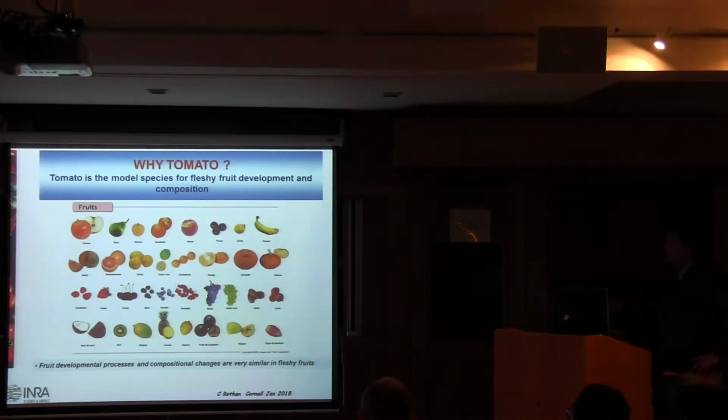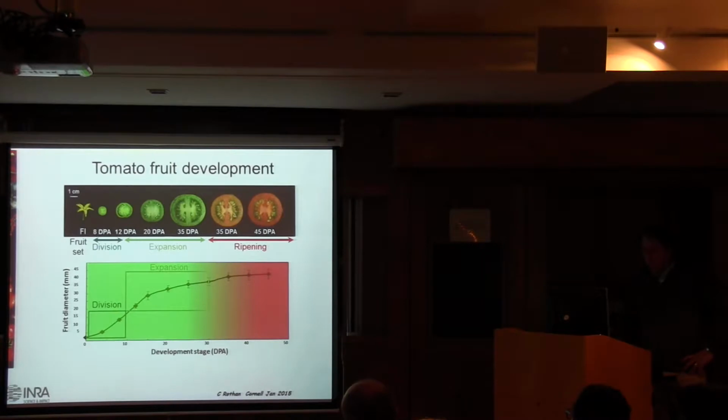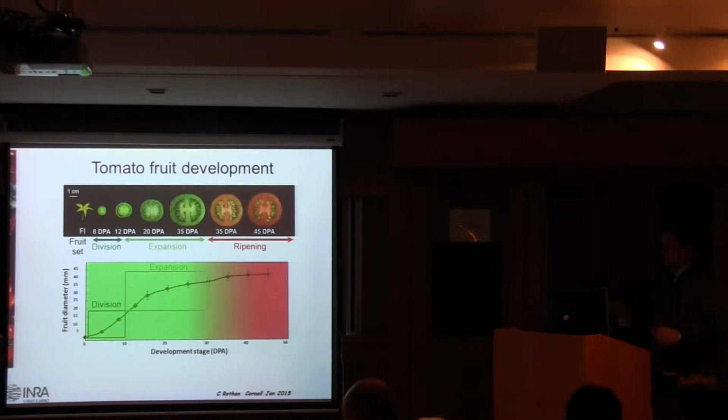So, as I said before, tomato is a model fruit for many fleshy fruits, including grape, which is also a berry. And what we're interested in is mostly early fruit development before ripening, and especially the cell expansion stage, where most of the fruit weight is gained by the fruit.